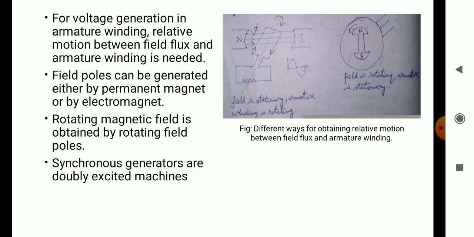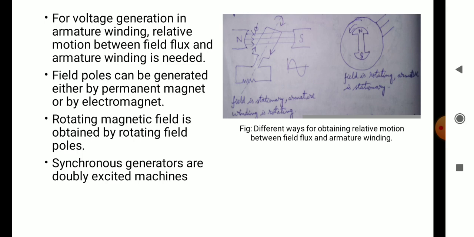This commutator helps us produce a unidirectional voltage, but in an alternator or synchronous generator no such commutators are used, so in the output we get alternating voltage. In an alternator or synchronous generator, we generally use the second option, that is, the field is rotating and the armature is stationary.